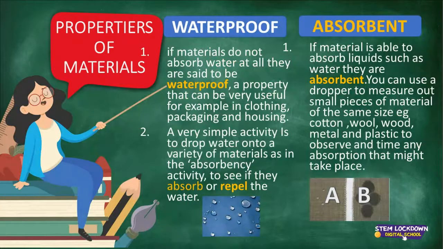So on these two fabrics, A and B at the bottom, A is non-absorbent. It means it's waterproof, and B is absorbent. So now you can see that absorbency or waterproofing is also important.